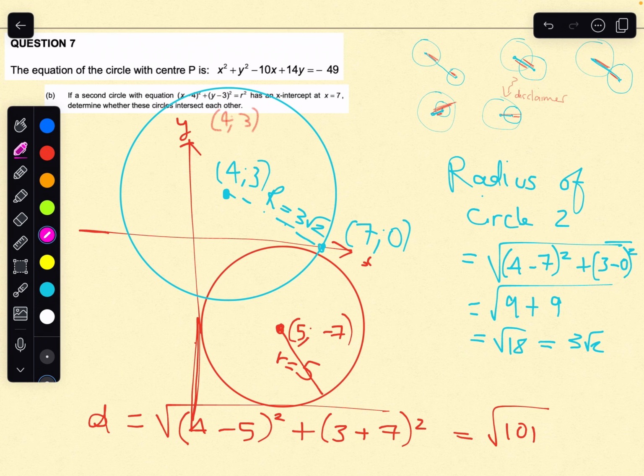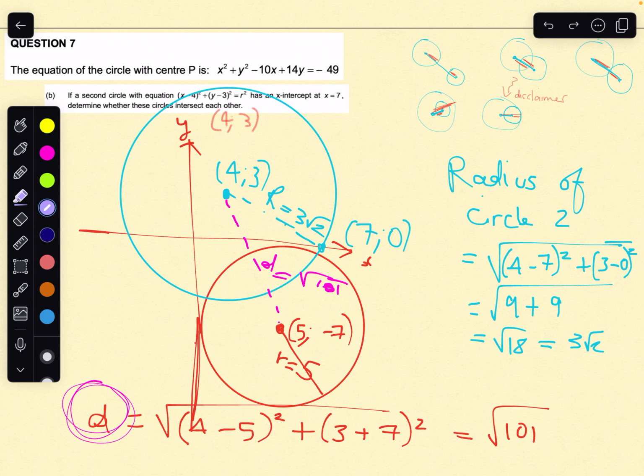So I'm just gonna put that in over here, lots of dotted lines. That is D, this guy over here. Okay, D is equal to root 101. I'm quickly realizing that this form is absolutely useless. This is more purposeful.